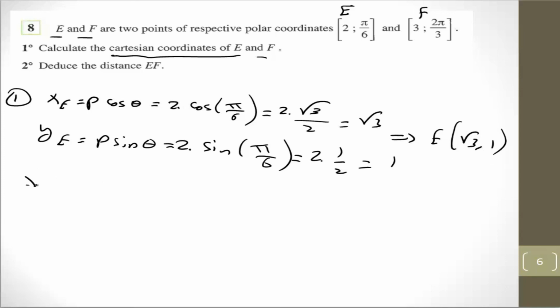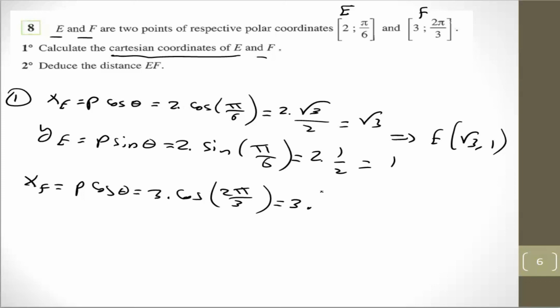Point F: x_F equals p cosine theta, which is 3 times cosine 2 pi over 3. Here you can use your calculator, or you memorize it from the table, but I don't think 2 pi over 3 is on the table.